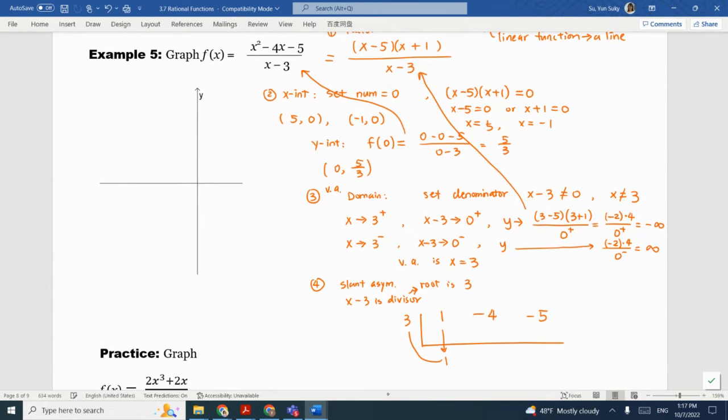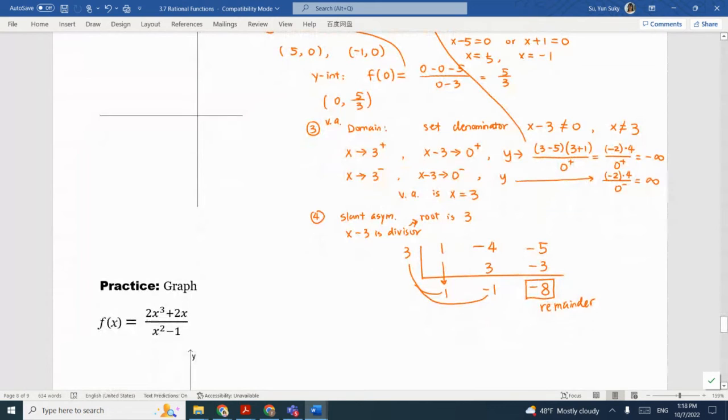Synthetic division: you move the 1 down here. 1 times 3 is 3. 3 minus 4 is negative 1, times 3 is negative 3. Add them: negative 8. Yes, everybody? So negative 8 is the remainder. This is the quotient.